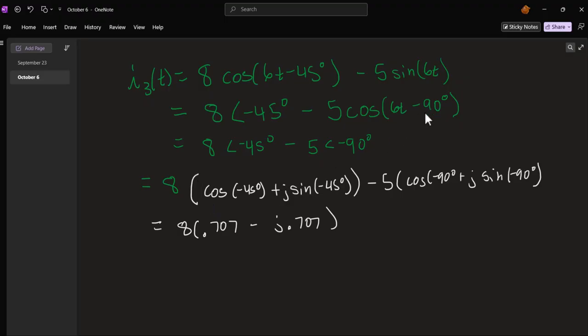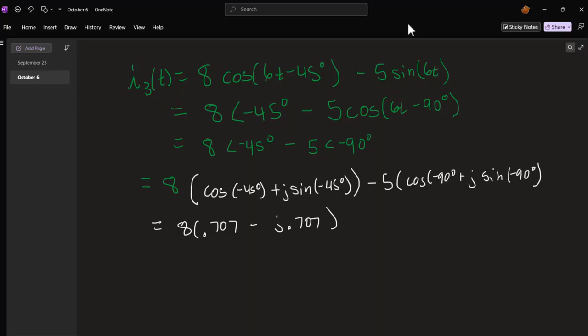So minus 15.9 J, or minus J 15.9. I don't know why they like to put the J in front, but they do.